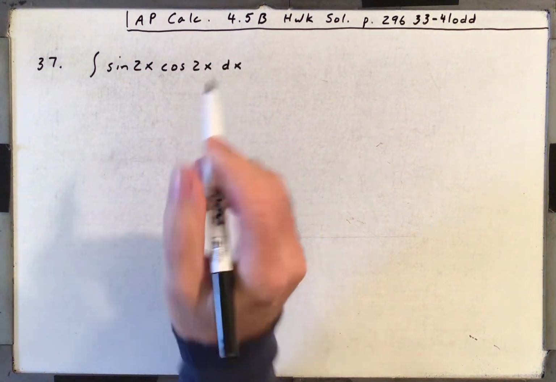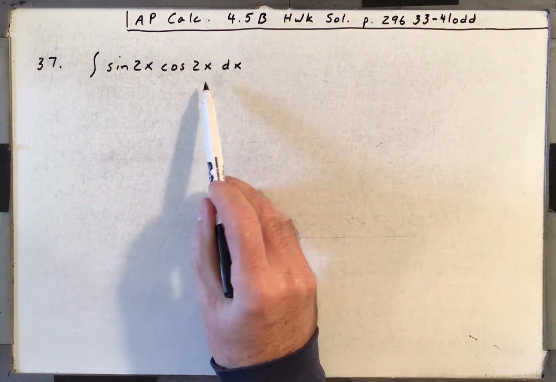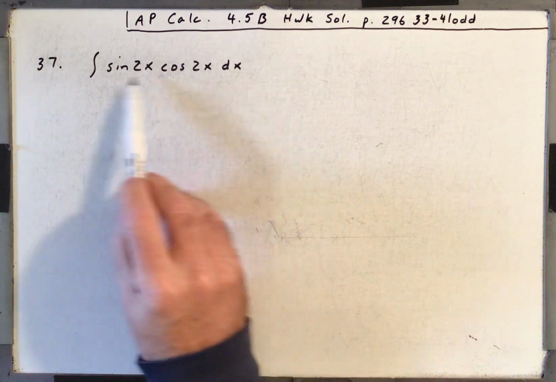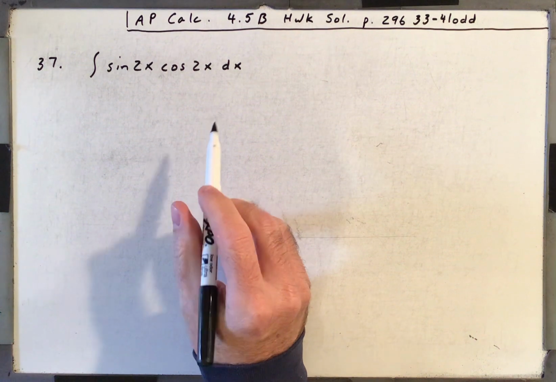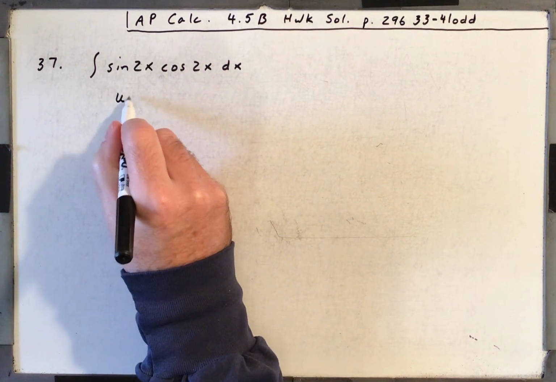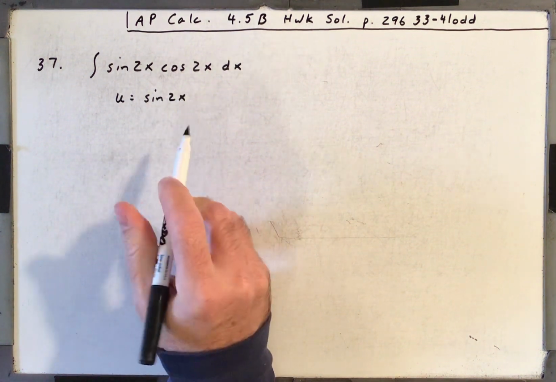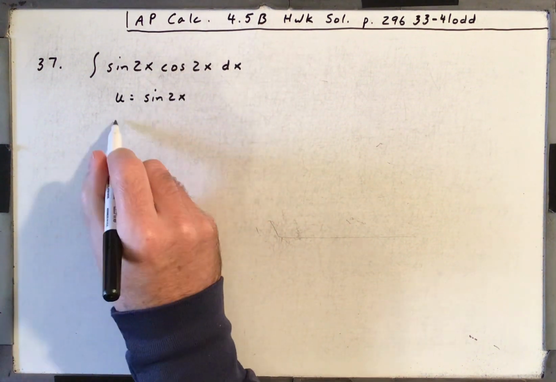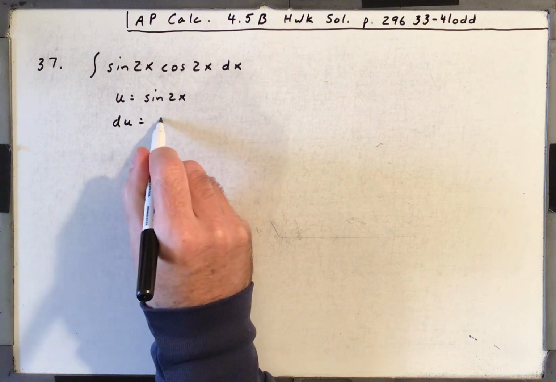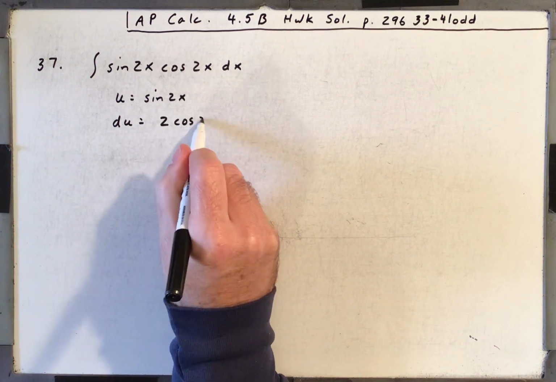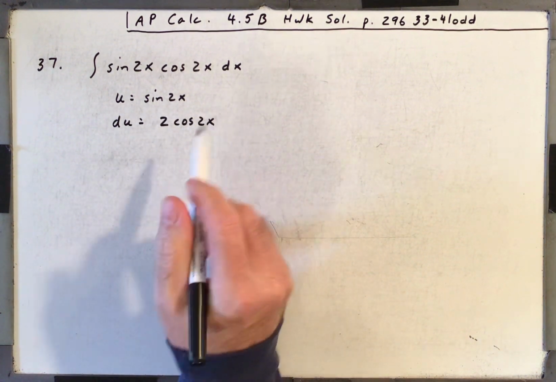Now this one is not going to work if you pick u as just 2x, because du would be 2, and that's not sitting in the problem. Let's pick u to be sine 2x. If we do that, then du is 2 cosine 2x, right?